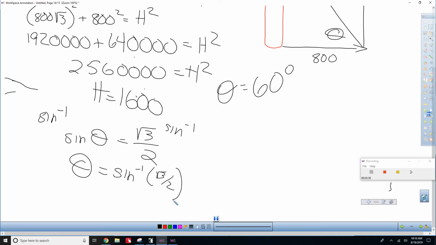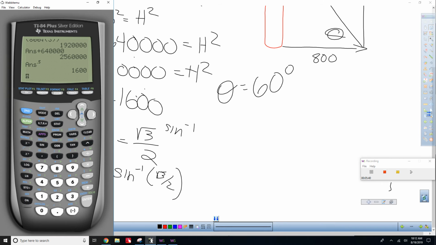Sorry, not very good writing. Let's remember how to put that in the calculator. So, second sine inverse, radical 3 divided by 2. Close my parentheses.